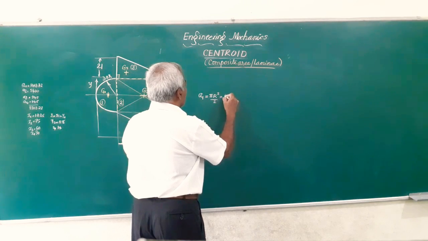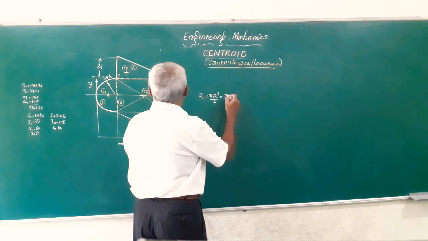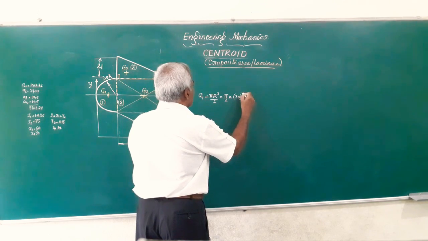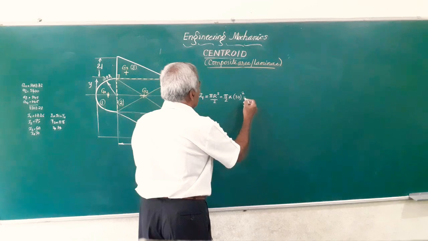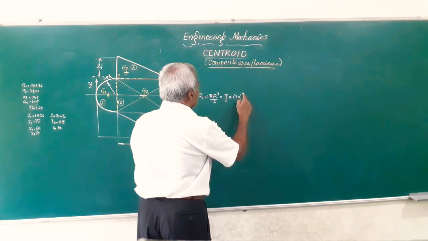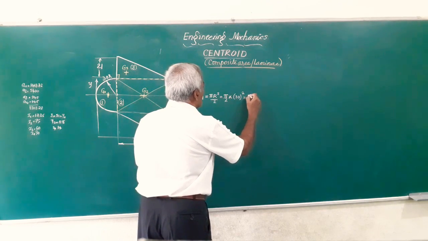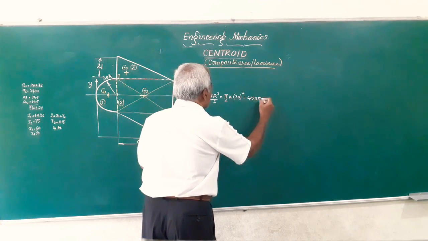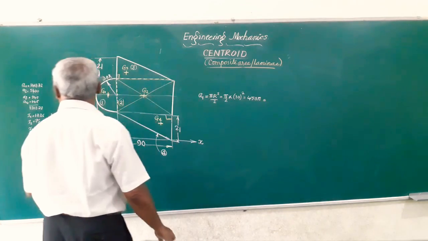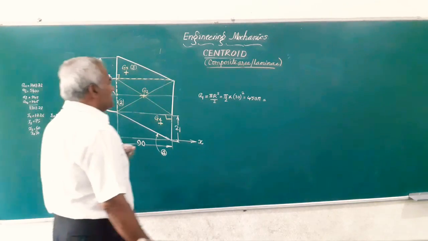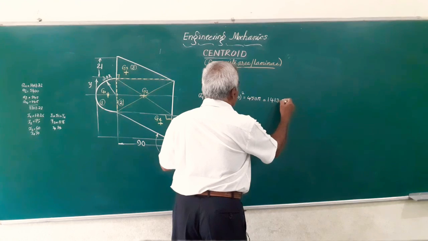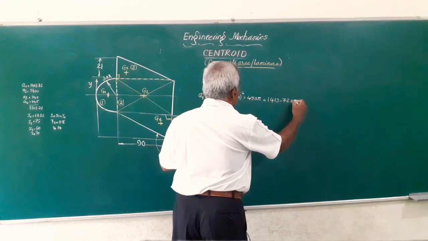That is pi by 2 multiplied by 30 square, which is 900 pi by 2, that is 450 pi. If you further simplify, this works out to 1413.72 square millimeter.